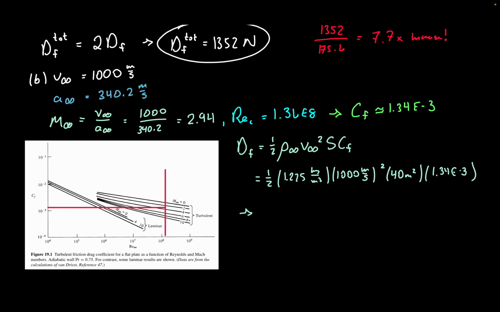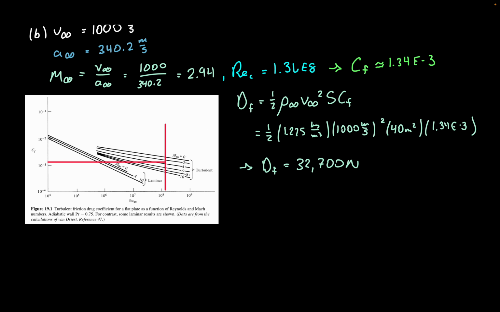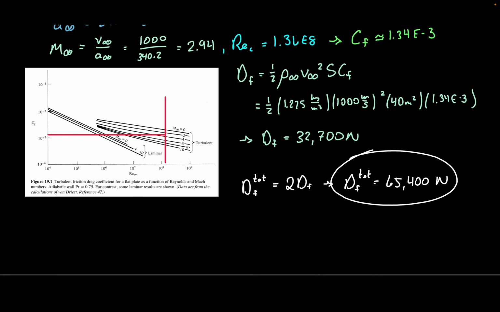That should give us a friction drag equal to 32,700 newtons. Then D_f total is going to be equal to twice D_f, so we'll get a D_f total equal to about 65,400 newtons. That is definitely a large increase compared to the laminar boundary layer from before, because if we divide those two, we get about a 13 times increase.